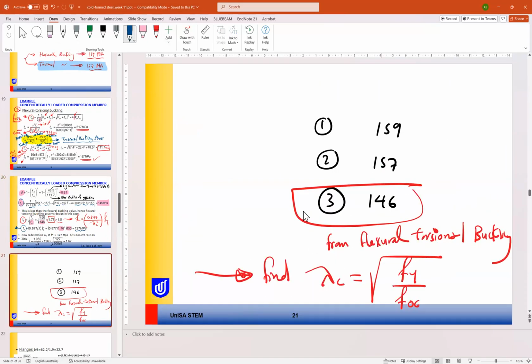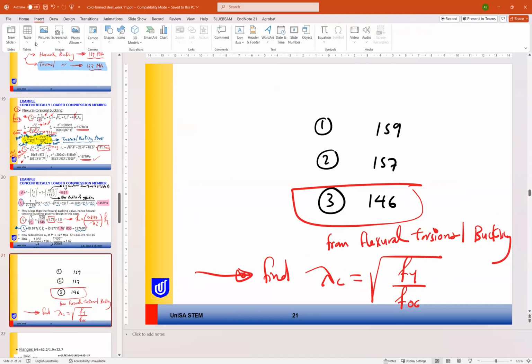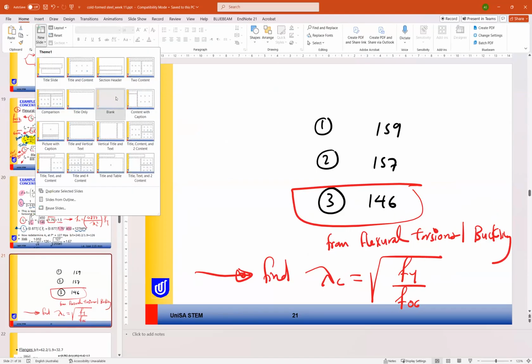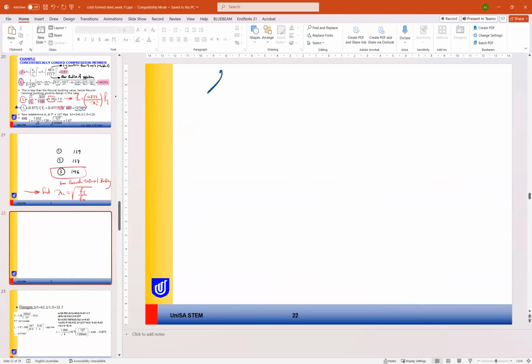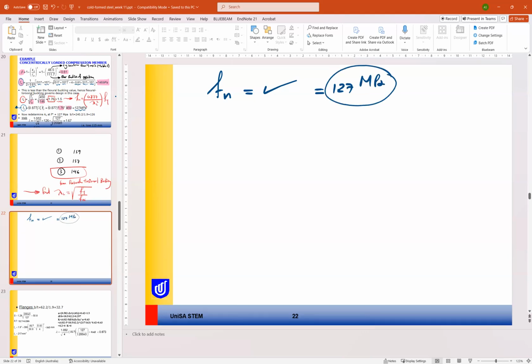So after we finish this step, we got Fn already as 127 MPa. So now we need to find Nc equal to A effective multiplied by Fn.